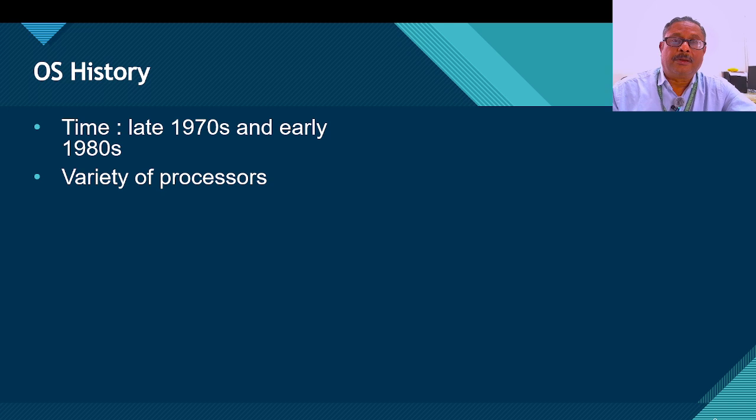Each processor had its own instruction set, its own architecture, and its own IO connectivity. They didn't match with one another because they were independently manufactured by various companies, and hence a lot of variety was available.